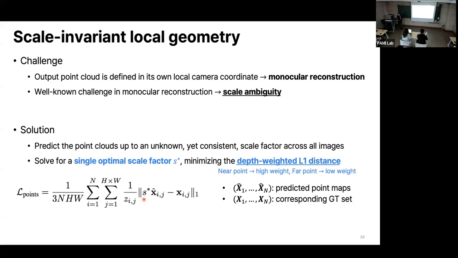Then you need to know the initial guess of the scale factor. Then maybe train it. But the problem is, since this objective function assumes the IID addition of the geometric variable X hat, there are lots of trivial solutions you can satisfy.